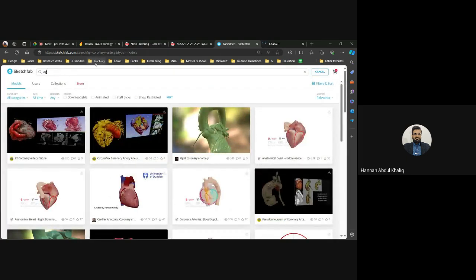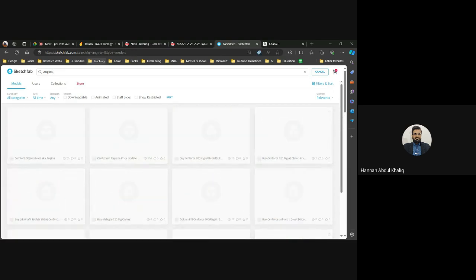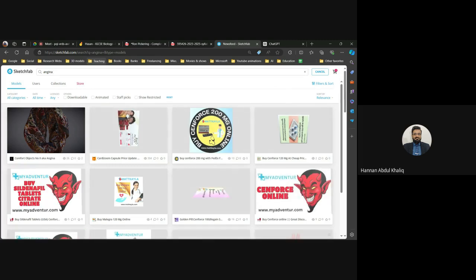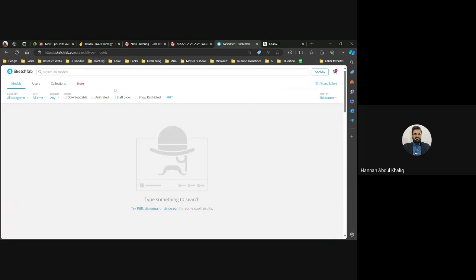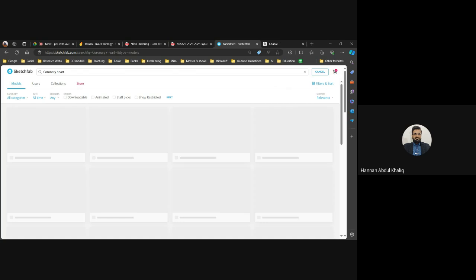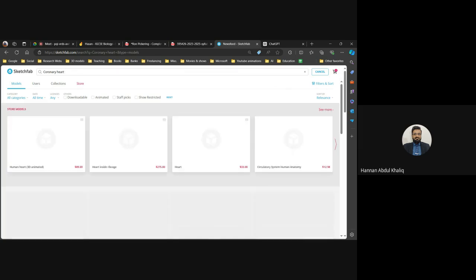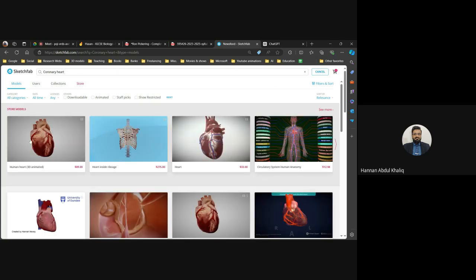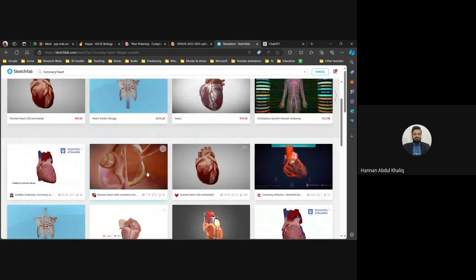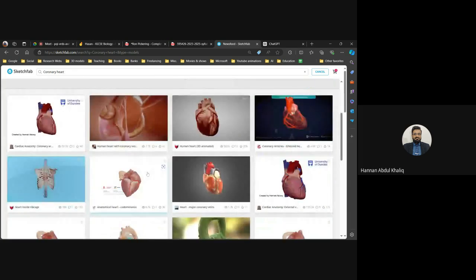Okay, let me try to show you the picture of the heart at the time of angina. Oh, that's not good. Okay, coronary heart, coronary heart. Okay, if we can get some appearance of a clot in a picture over here.